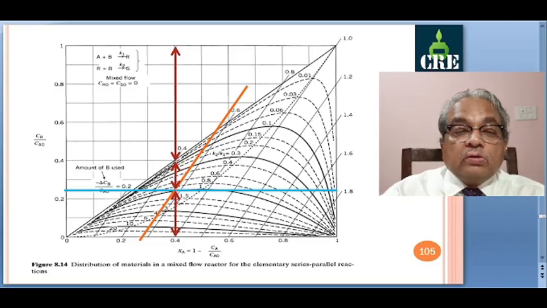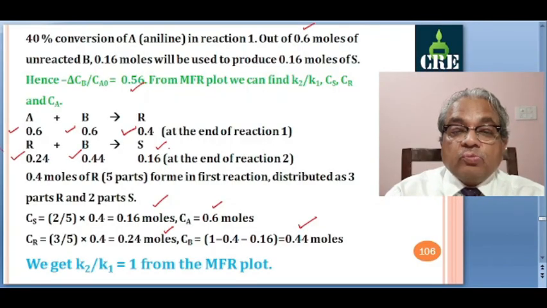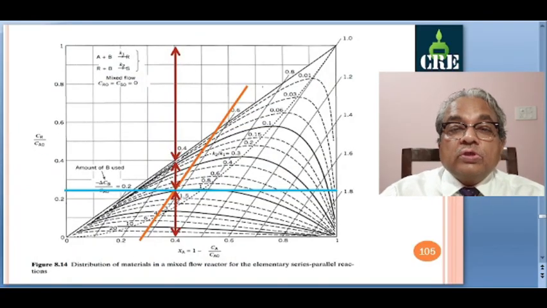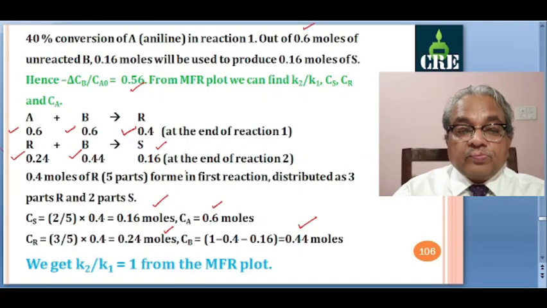So this is 0.24. CA and CS also you can check. CA is 0.6, CS is 0.16. So K2 by K1 is equal to 1. That is obtained from the MFR plot.